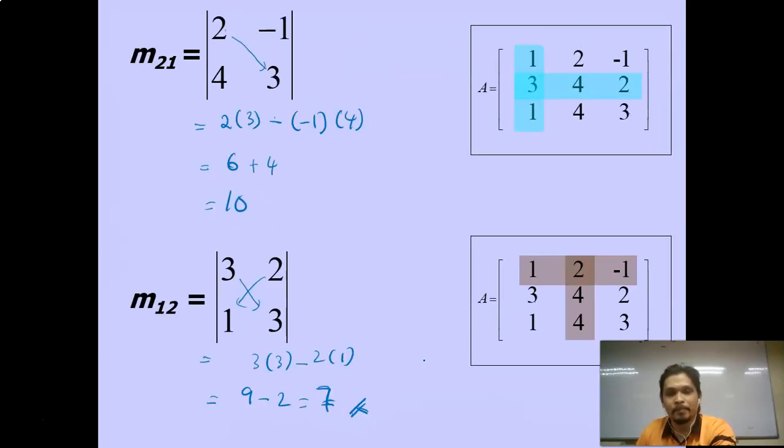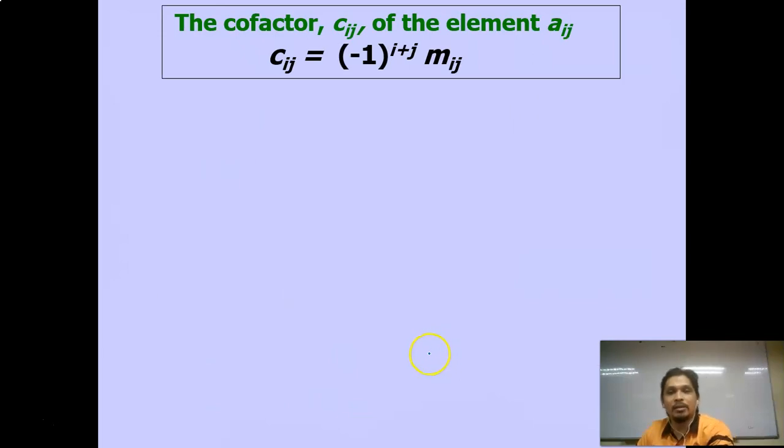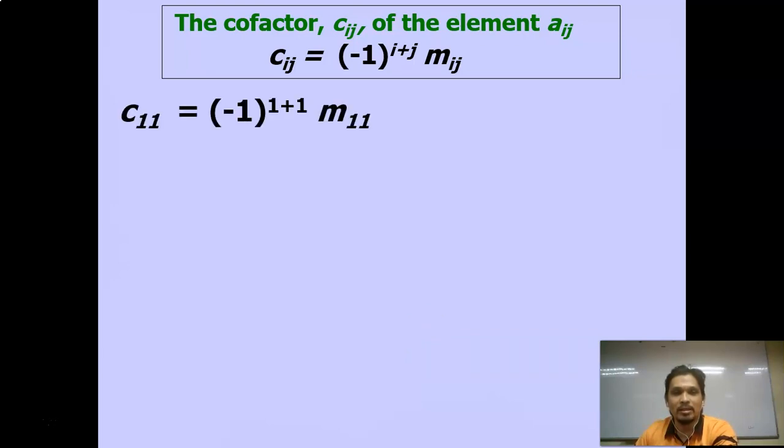Okay, there you go. Now the cofactor Cij of the element Aij here. We just learned how to find the minor. Now for the cofactor, it is negative 1 to the power of i plus j.